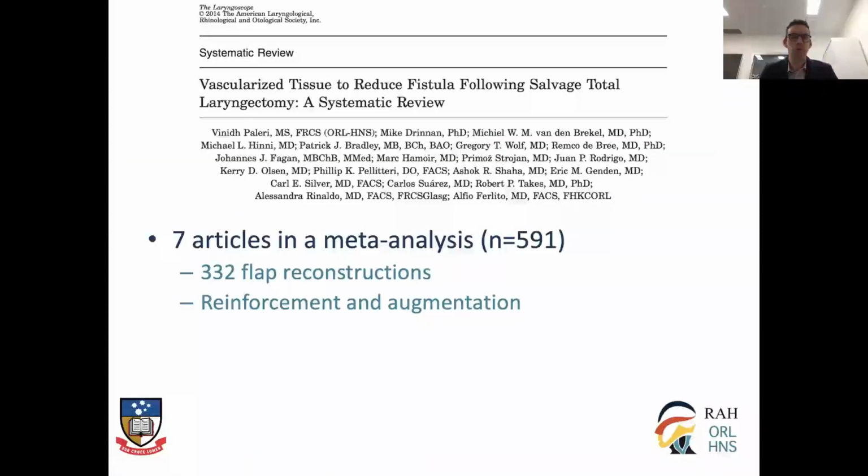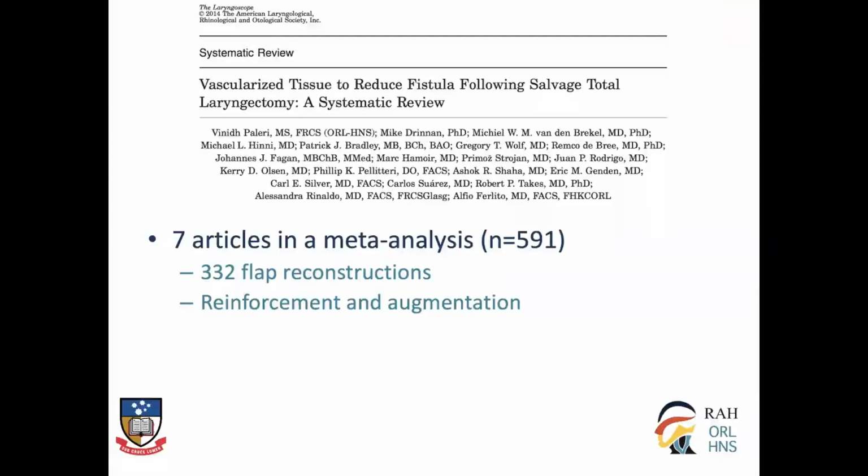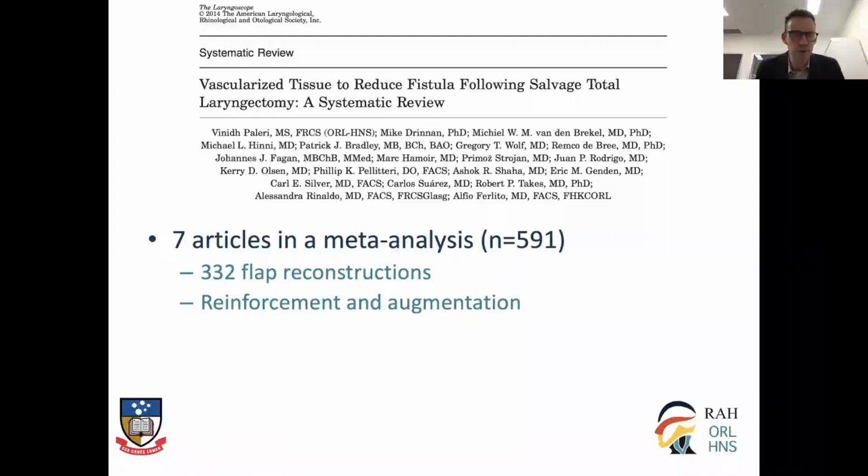And this has been quite well summarized in this article from the Laryngoscope in 2014, which was a systematic review of the use of vascularized tissue to reduce fistula following salvage laryngectomy, looking at 7 articles, 332 flap reconstructions, both reinforcing and augmentation.